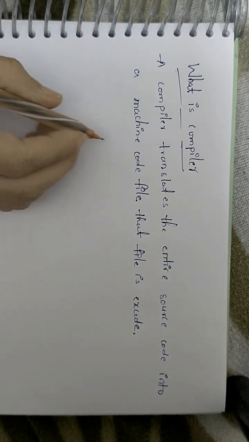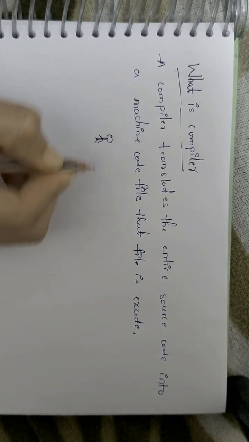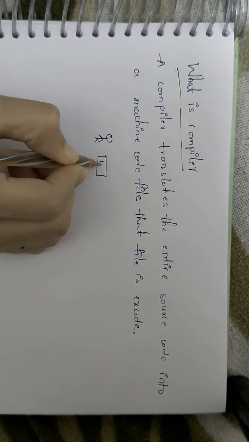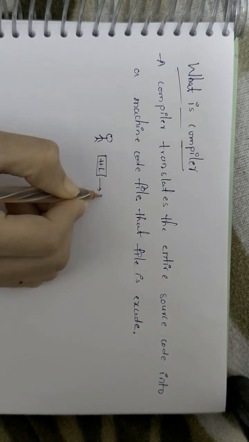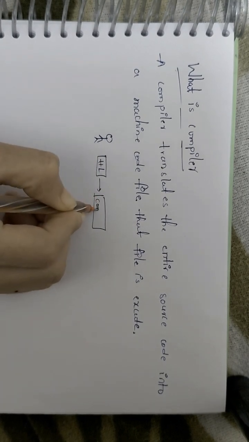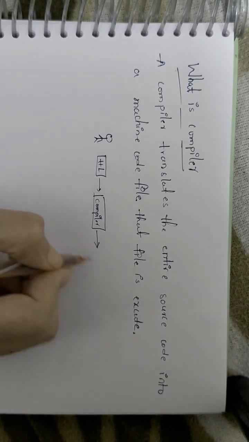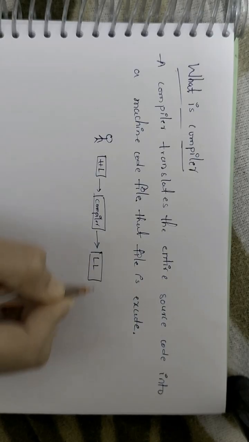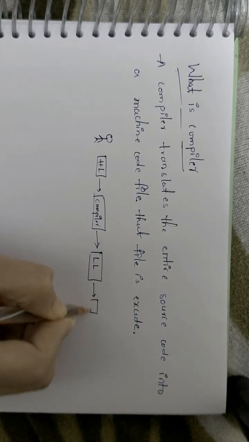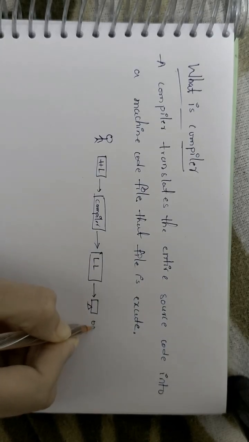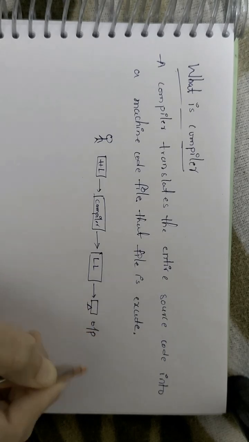How it works: in a normal picture, a human uses a high level language, and the compiler comes into the picture. The compiler is also called a translator for the code, and it converts the code into a low level language and gives it to the system, and your system gives the output.